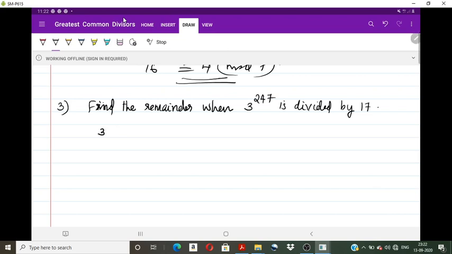We have 3 is congruent to 3 modulo 17. 3 cubed is congruent to 27 modulo 17. 27 is actually congruent to 10 modulo 17.